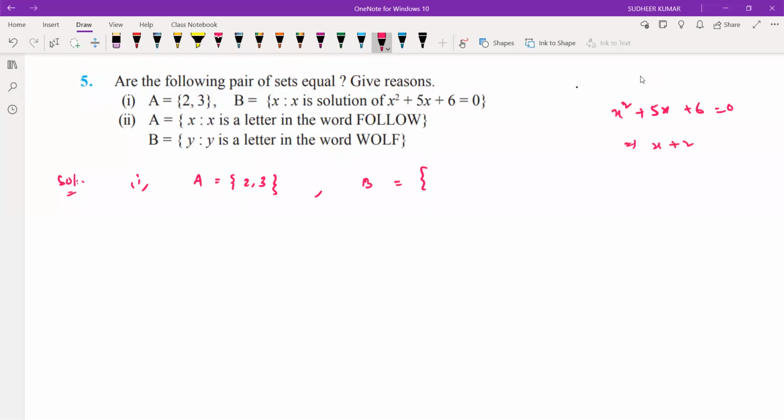So x squared plus 2x plus 3x plus 6 equals 0. So x equals minus 2 or minus 3. So set B is {-2, -3}. You have to write set A and set B in roster form, then you can say whether these are equal or not. Are these equal or not? No, sir. They are not. You should write it. And the second one you can complete.